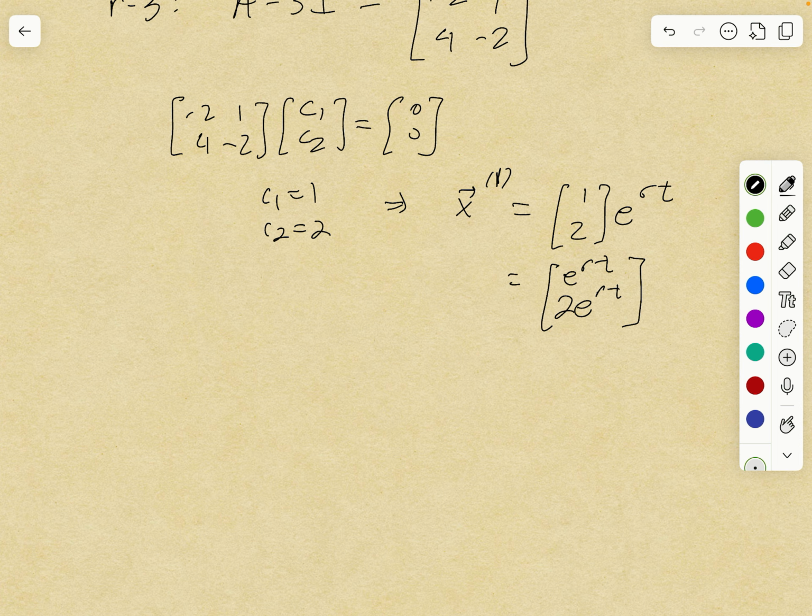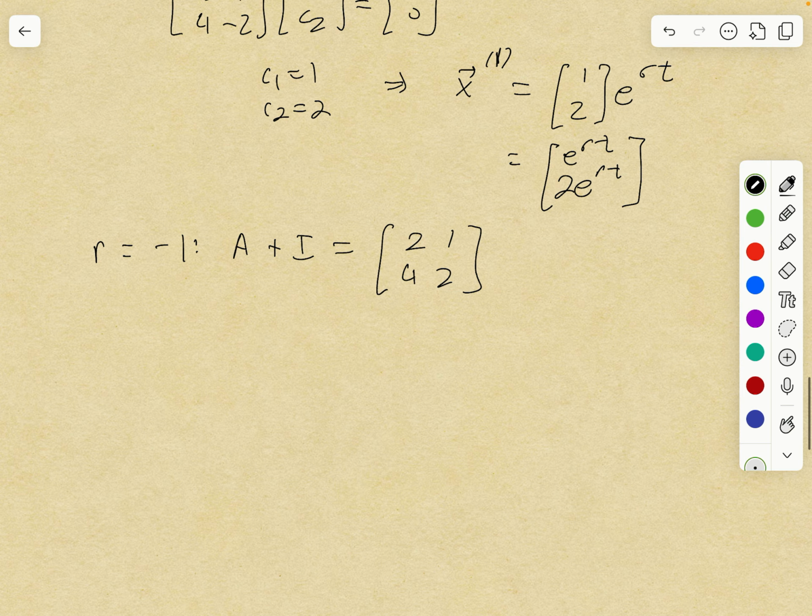Notice why I use the superscript: I want to distinguish that from x sub 1, which is e to the rt. Okay, so now we do the other eigenvalue, negative 1. So we calculate A plus I, that's [[2, 1], [4, 2]]. Again, we just need to find a vector such that the matrix times that vector is the zero vector.